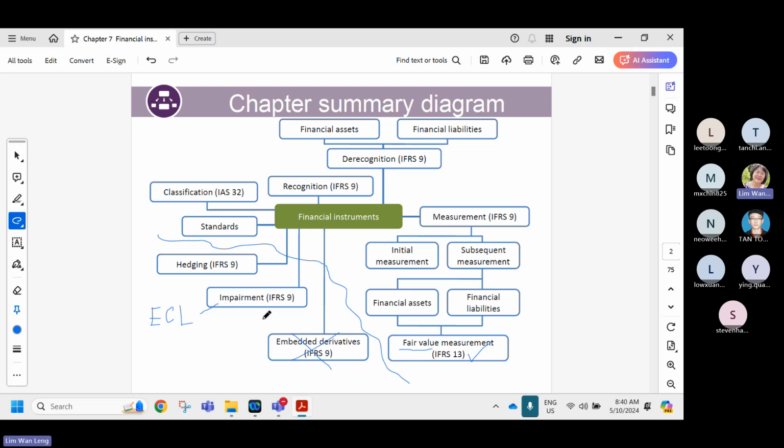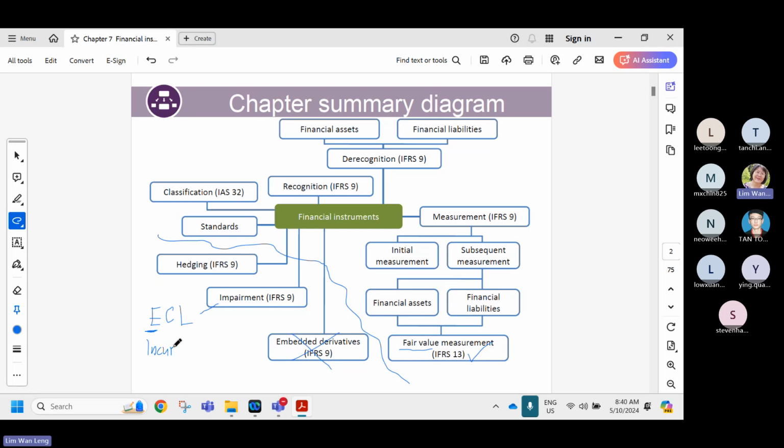This is a so-called approach that the standard setter says is forward-looking, because they talk about expected. Expected means what? Before impairment took place, you already accounted for it in the books, so you are very forward-looking. Previously, it was called incurred losses.